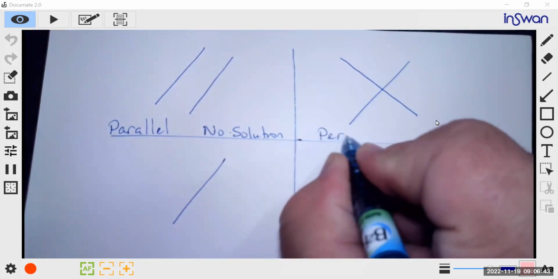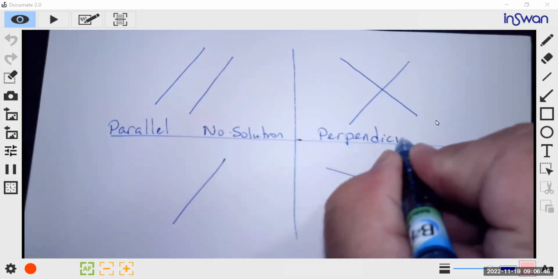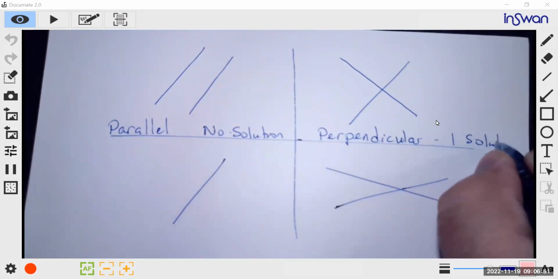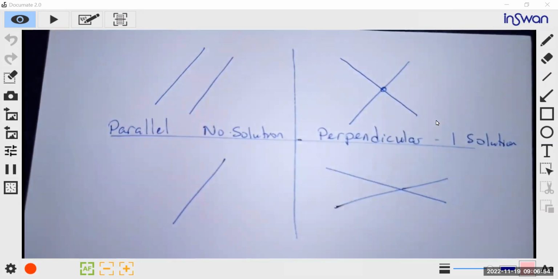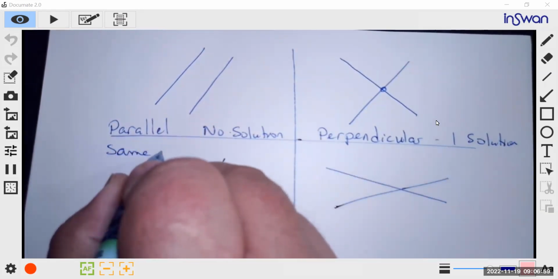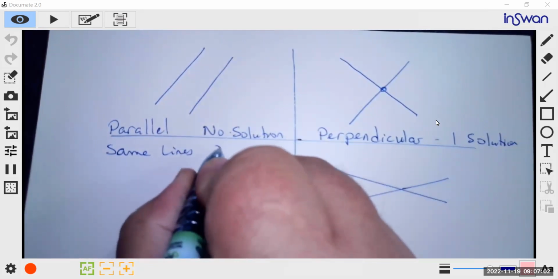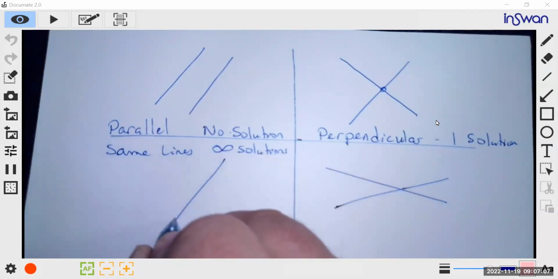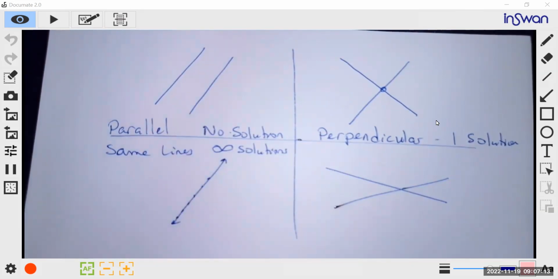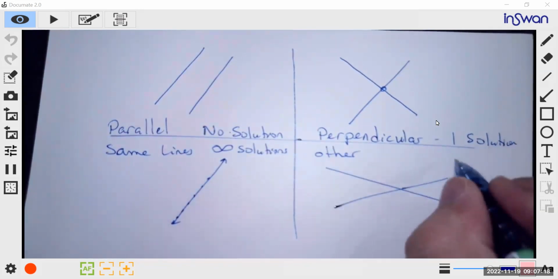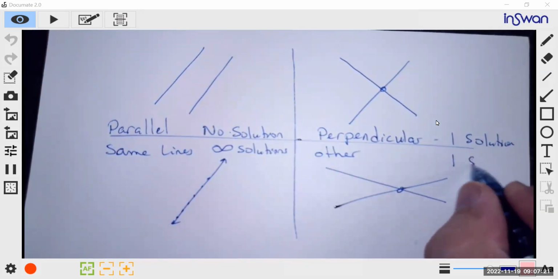You have the intersecting lines, and you only have one solution right there. You have the same line, which means you have an infinite number of solutions. Each point of that graph is a solution.